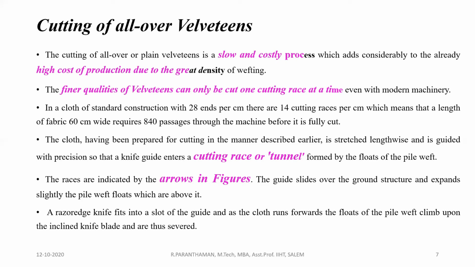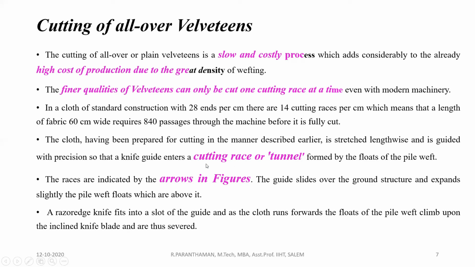Next point, the cloth having been prepared for cutting in the manner described earlier is stretched lengthwise and is guided with precision so that a knife guide enters a cutting race, or tunnel, formed by the floats of the pile weft. This indicates the knife is inserted into a tunnel of floats.